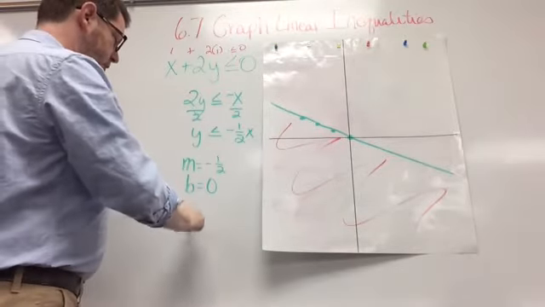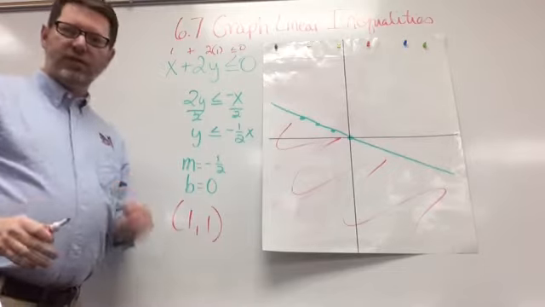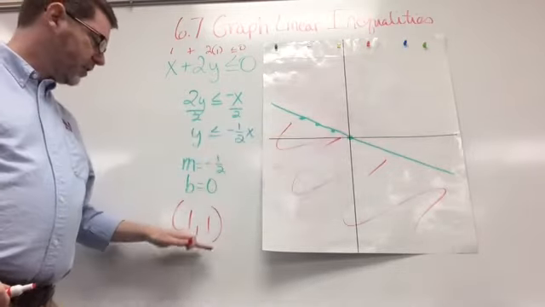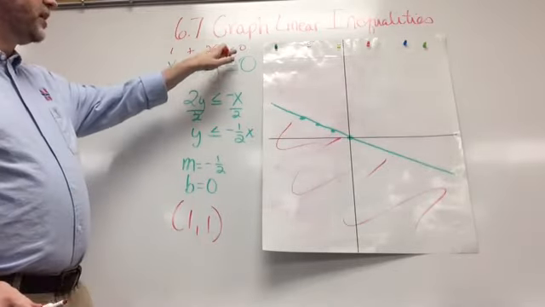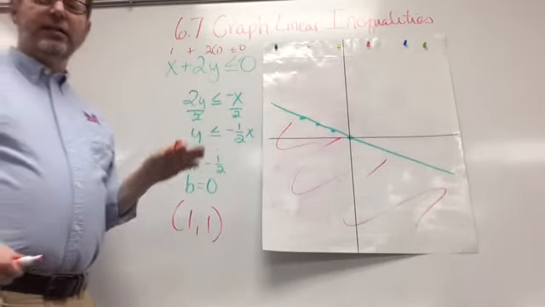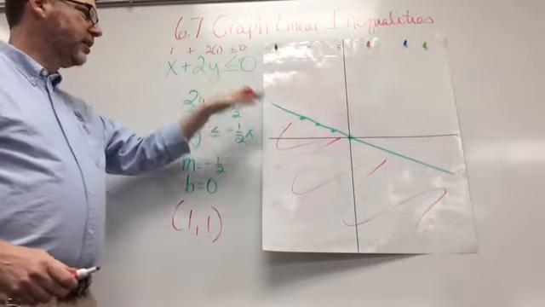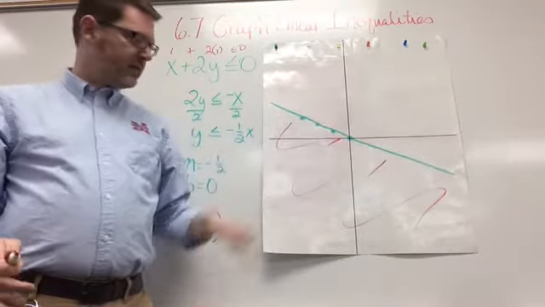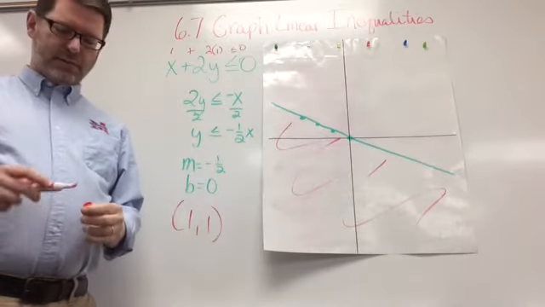I tested the point 1, 1. Usually I test 0, 0, but since 0, 0 is on the line already, I can't use it. So I used 1, 1. I plugged 1, 1 in, and I found that it is not a solution to this inequality, so I have to shade everything where 1, 1 is not, and that is my solution.